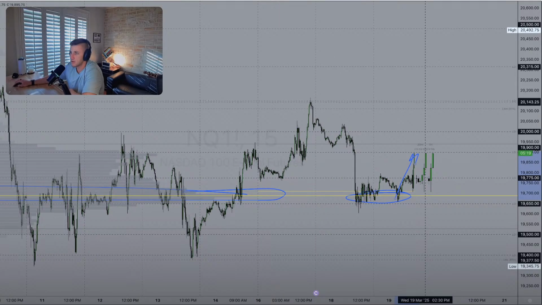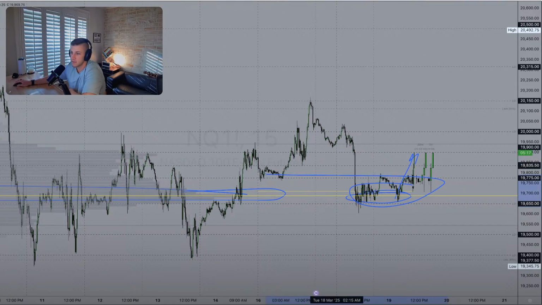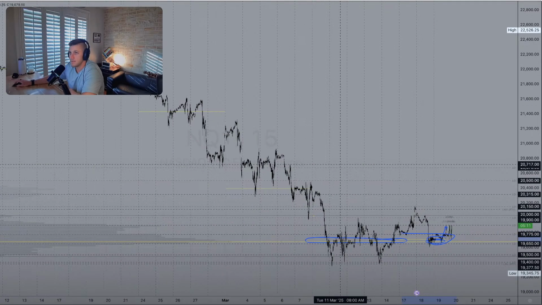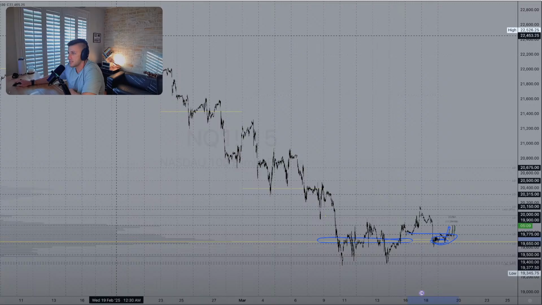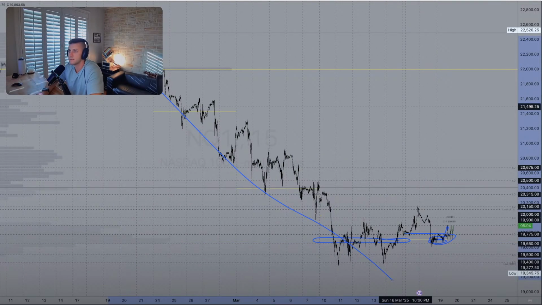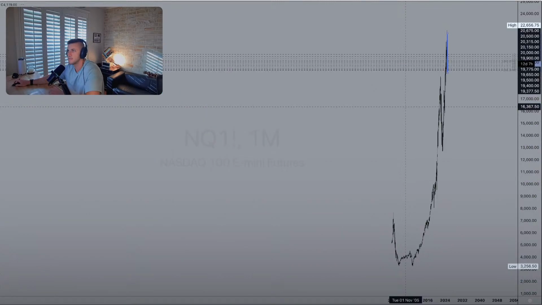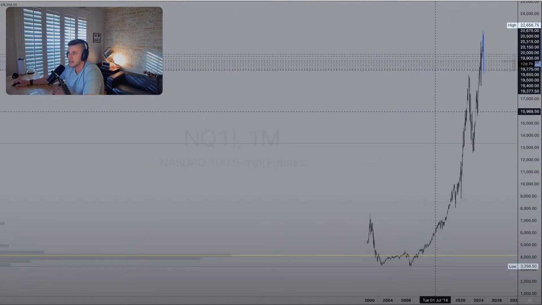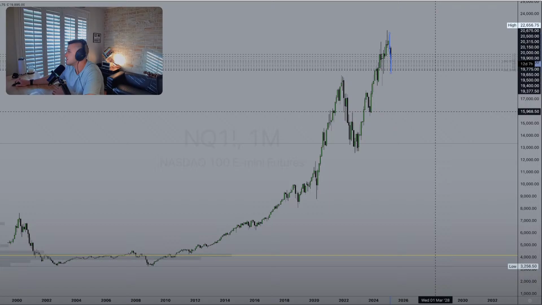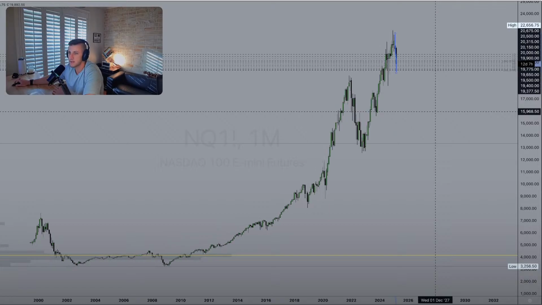Is this a big higher low in the making? I know you love to be bearish after an entire month of selling, but it does look like NASDAQ tends to go up. It does kind of have that tendency if you zoom out a little.